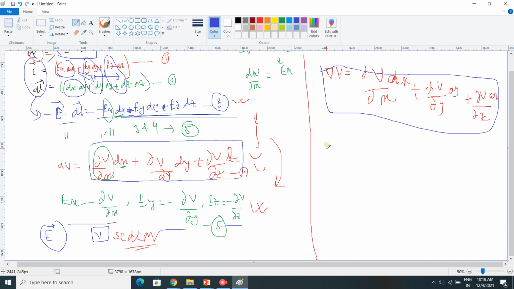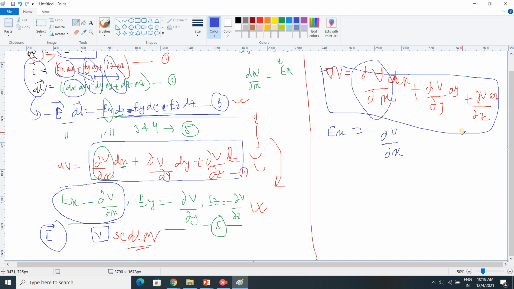This is the equation of a gradient. This we all know, we have studied already. Now you can see that Ex is equal to minus ∂v/∂x.